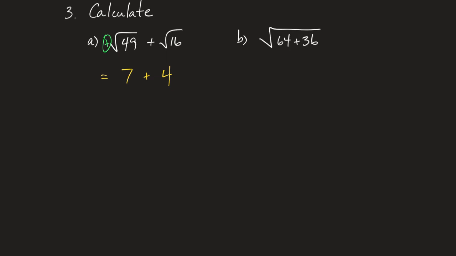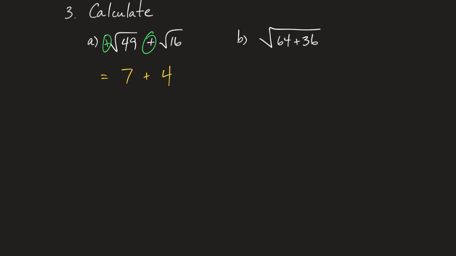It's a positive. So that's why my 7 is positive. But we also notice in the second square root, root 16, it tells you what operation to put in between there. So because the square root operation was already in the expression, I don't get two answers for it. I use the sign of the root.